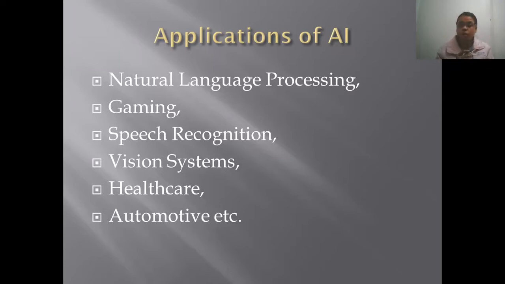Now, if you're talking about healthcare, nowadays it is very important that artificial intelligence is used in different areas of healthcare, right? Robots. If you're talking about robots, then robots play a vital role if we replace the doctors with robots.